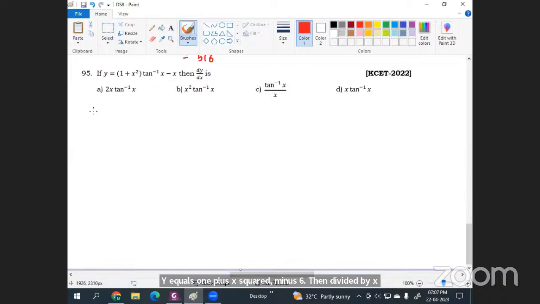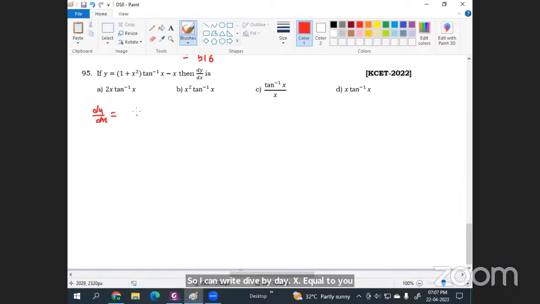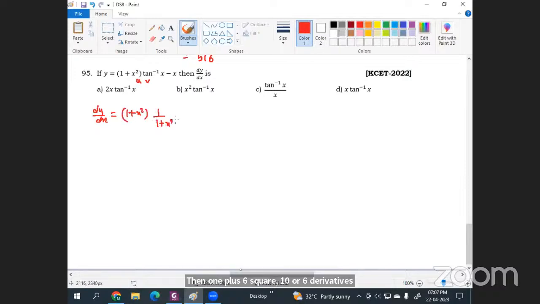So I can write dy by dx equal to, using the product rule uv, (1 plus x square) times the derivative of tan inverse x, which is 1 by 1 plus x square, plus tan inverse x into the derivative of 1 plus x square, which is 2x, minus 1. 1 plus x square, 1 plus x square, you will get 1.